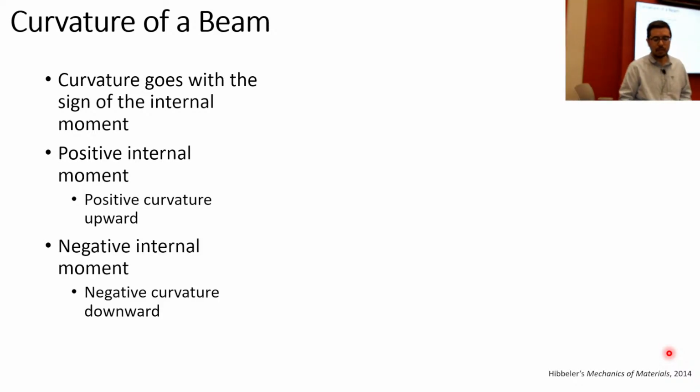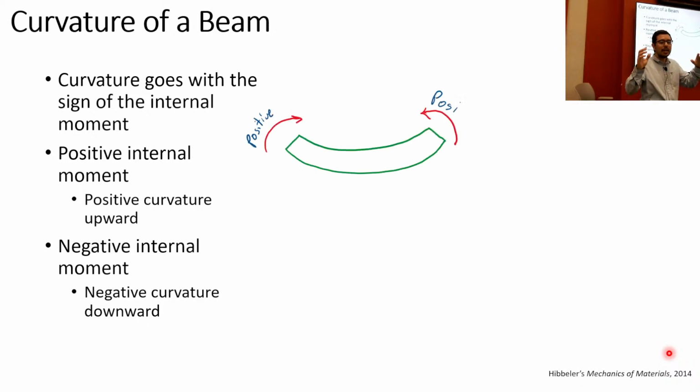So if the internal moment is positive, then we have positive curvature upward. And you already kind of know this. We've talked about this multiple times. Get a sense of what the deformation is, but we haven't told you what the deformation is. Just get a sense for what that deformation is.